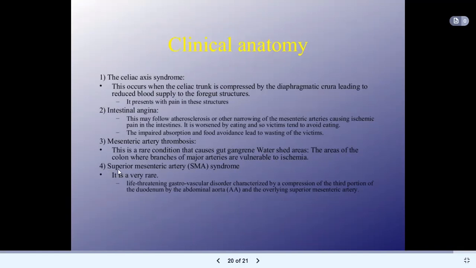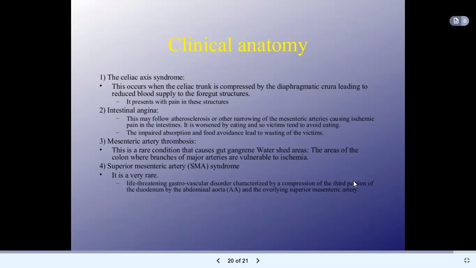And then we have what we call the superior mesenteric artery syndrome, which is a very rare syndrome, but it is a life-threatening gastrovascular disorder. It is characterized by a compression of the third portion of the duodenum by the abdominal aorta and the overlying superior mesenteric artery.